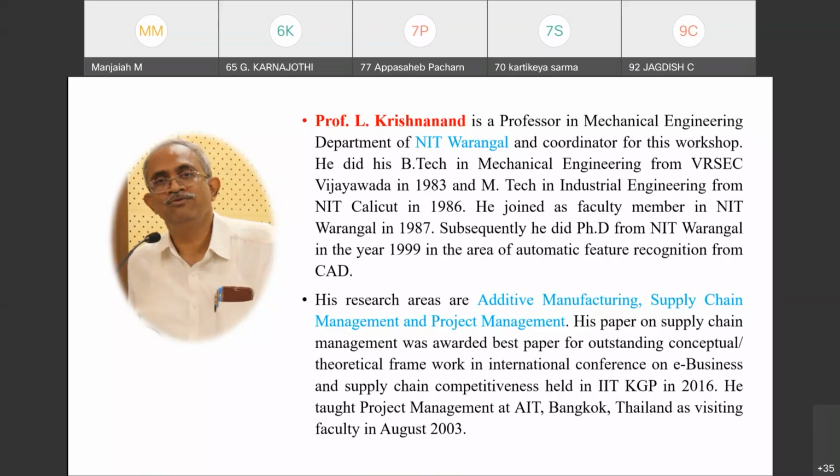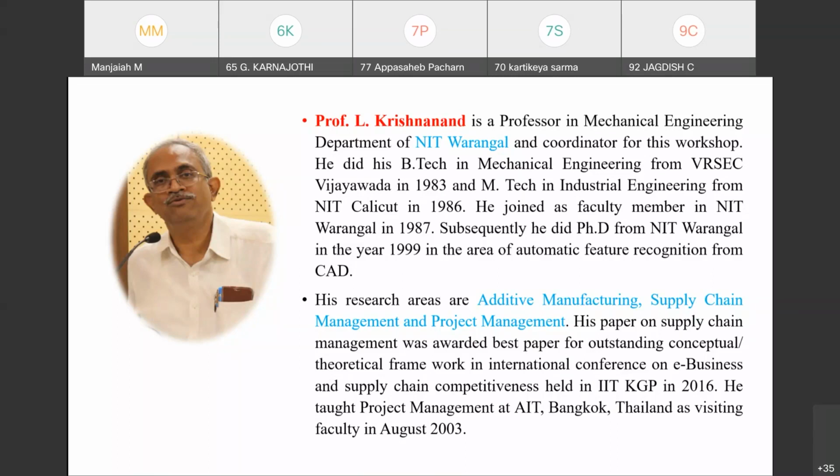And later he joined as a faculty member at NIT Warangal in 1987. Subsequently, he did PhD from NIT Warangal in the year of 1999 in the area of automatic feature recognition from CAD.